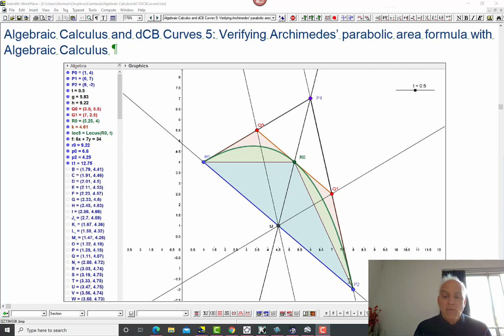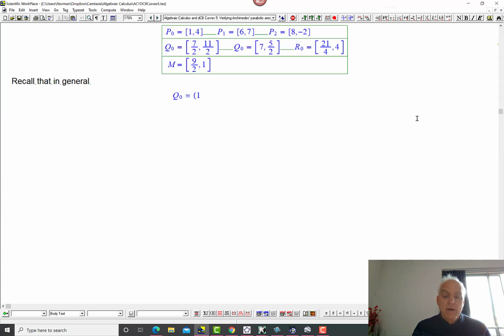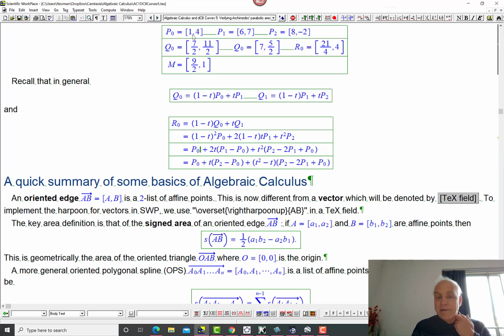All right, and we're interested in comparing this parabolic arc's area here, determined by this DCB curve in green, and this maximal inscribed triangle. Okay, so in this case here, we can compute everything because we know that this critical point corresponds to the parameter value t equals 0.5, and so we're able to explicitly give not just the original p points, but also the q points and the r point and the midpoint of the side.